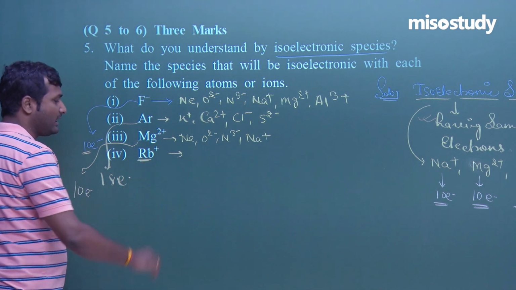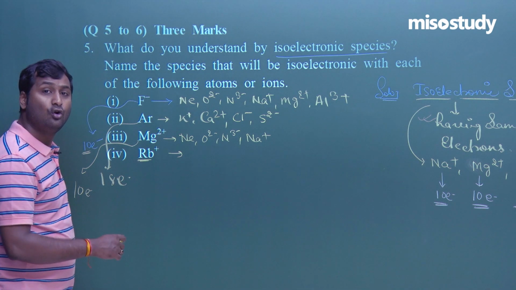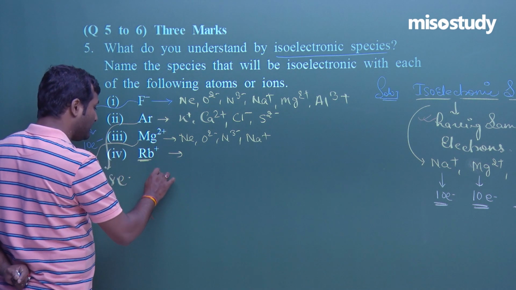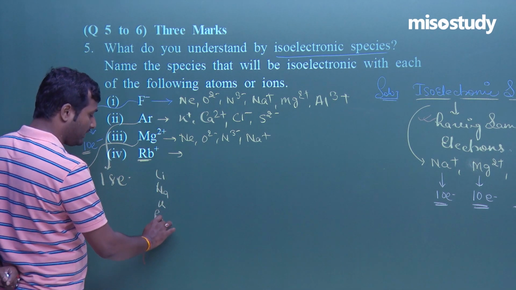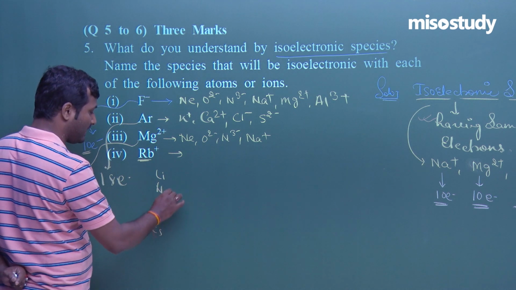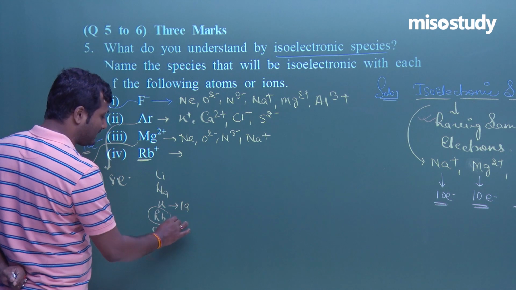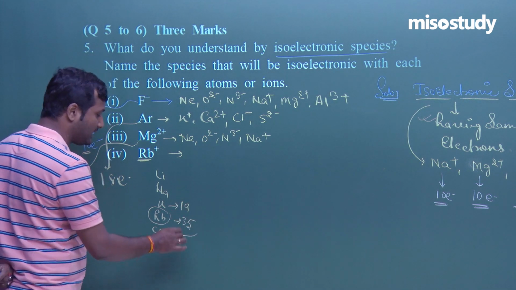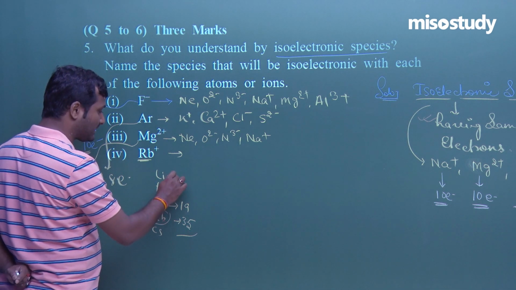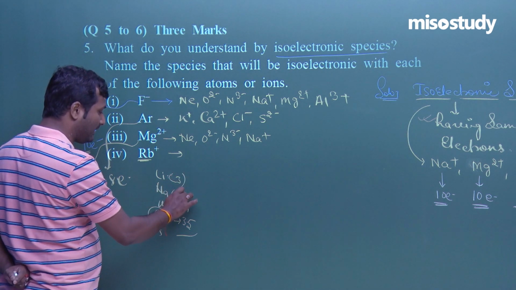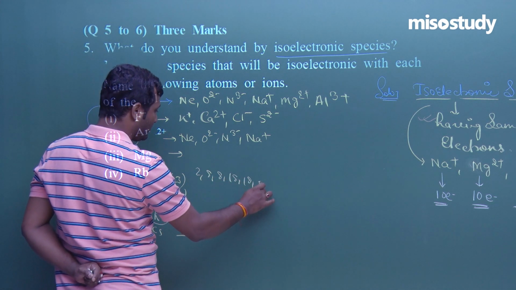Now rubidium, you remember this, rubidium belongs to group 1, that is lithium, sodium, potassium, rubidium, cesium and francium. What is the atomic number of rubidium? If it is 19, that is 35. Remember this? Then what is the magic number? 2, 8, 8, 18, 18, 32.